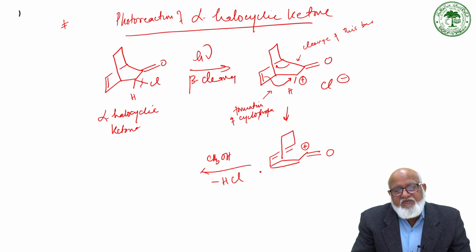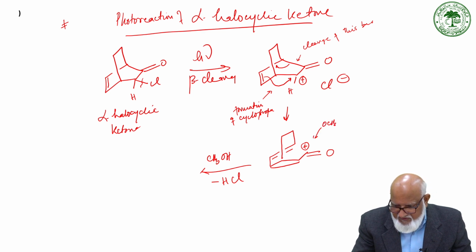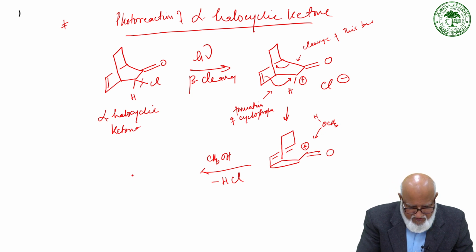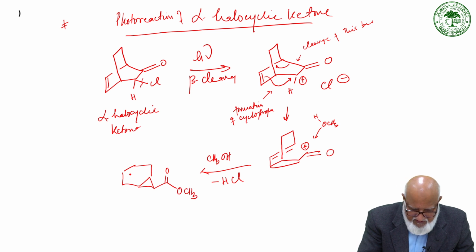So if you write this product in a better way, there is an attack of the methanol group, OCH3, and then of course loss of a proton. So if we write it in a better way, it looks like this: C double bond O, OCH3, with a double bond.